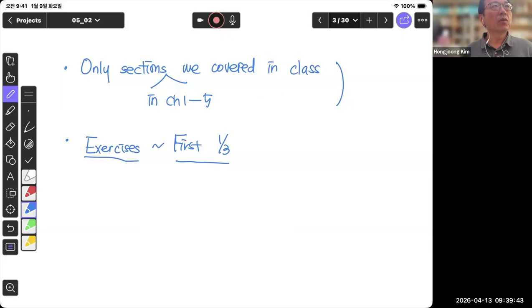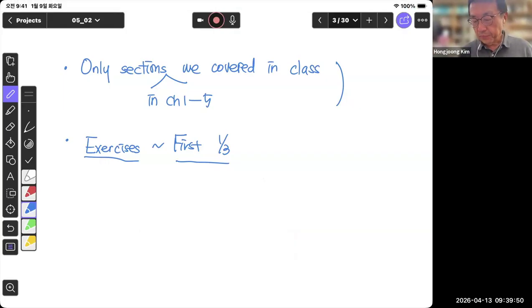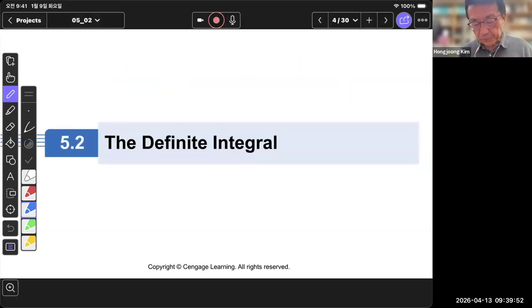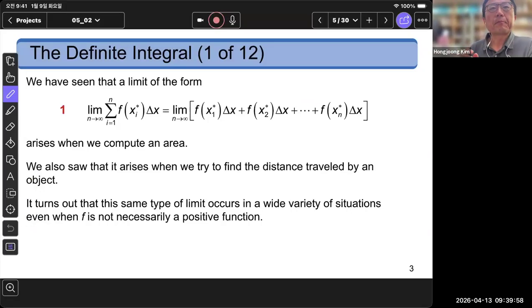Okay, then let me go back to the lecture notes and let us consider chapter 5. Sometimes you see the value of a certain function at certain points. So here's the situation.